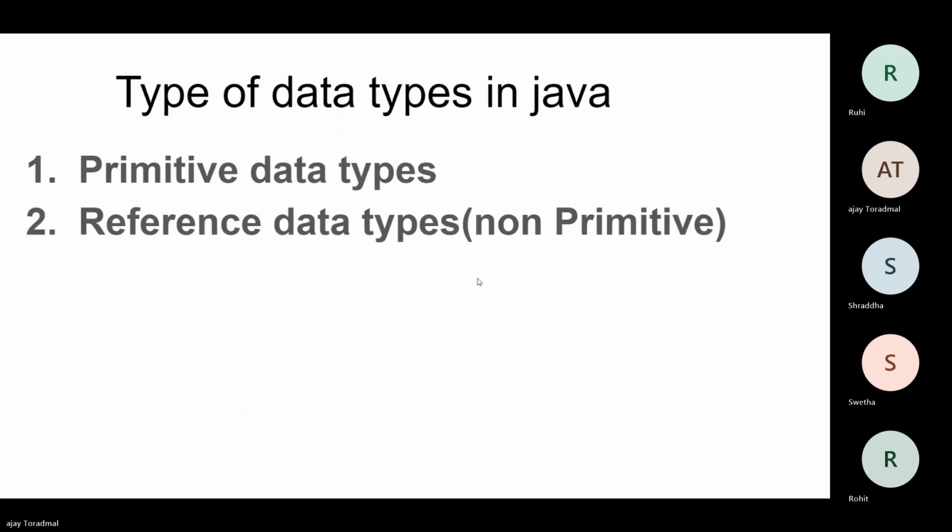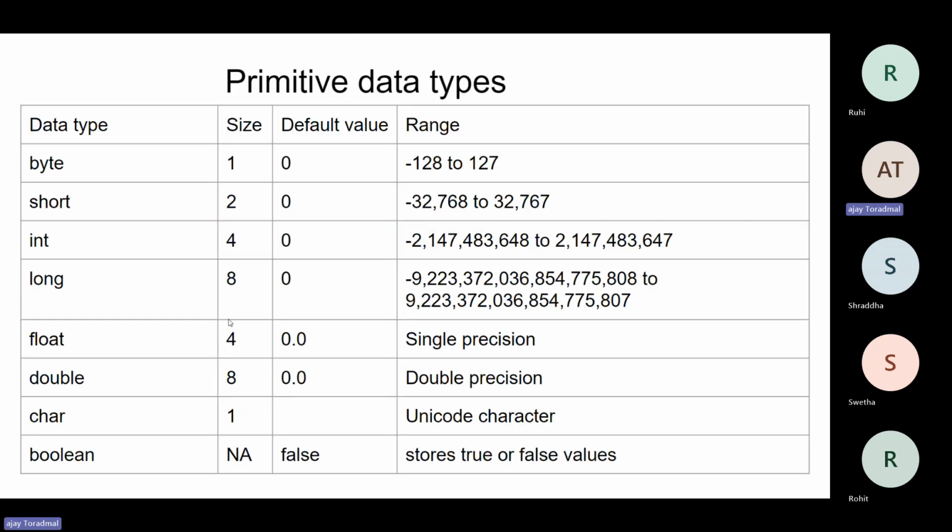Here we can see sizes are available so that they help to decide the memory. If I'm creating one long variable, that means 8 bytes are going to be occupied. If I'm going to create a float, it is going to occupy 4 bytes.